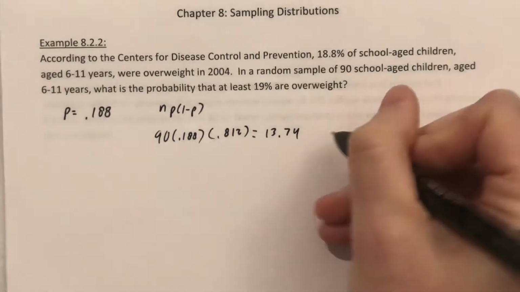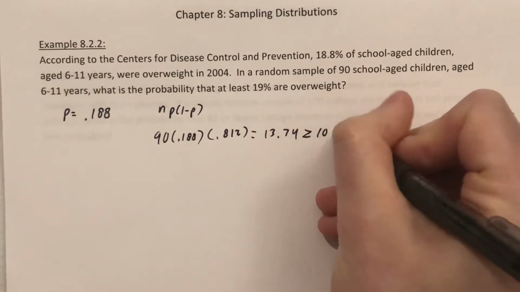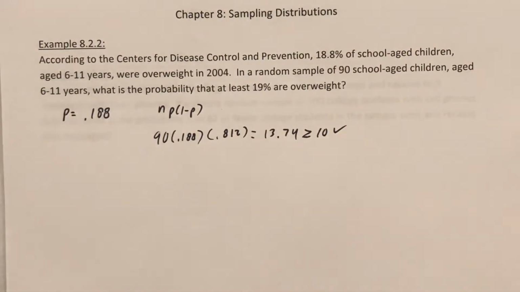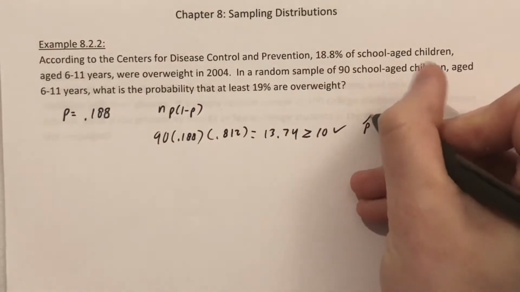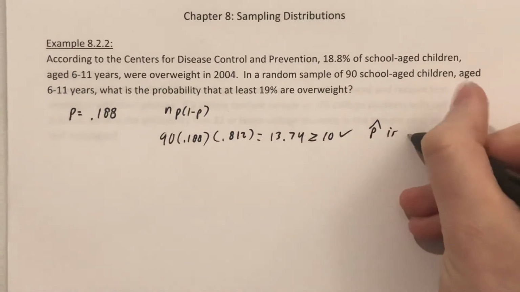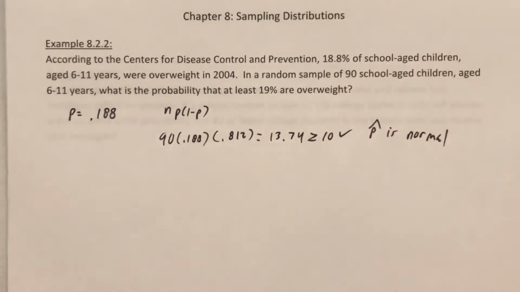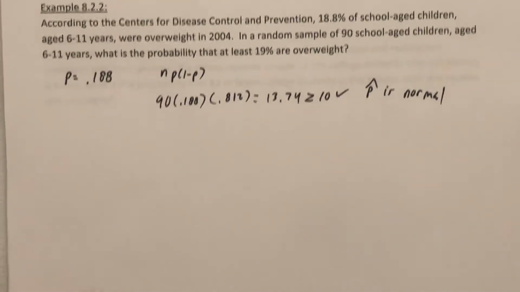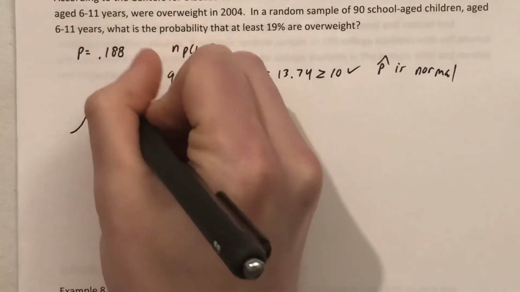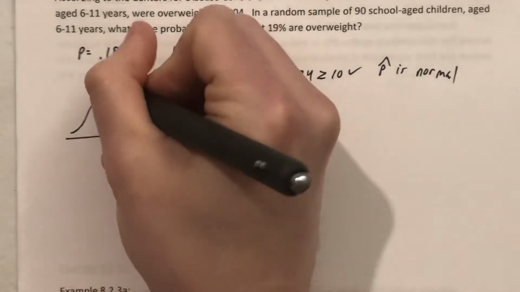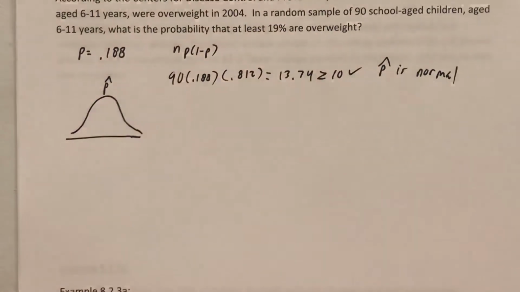Doesn't really matter. All that matters is that it's at least 10. So since that's true, the distribution for p hat will be normal. And that's what we needed. We needed to know that we can draw that bell-shaped curve for our distribution of p hats.